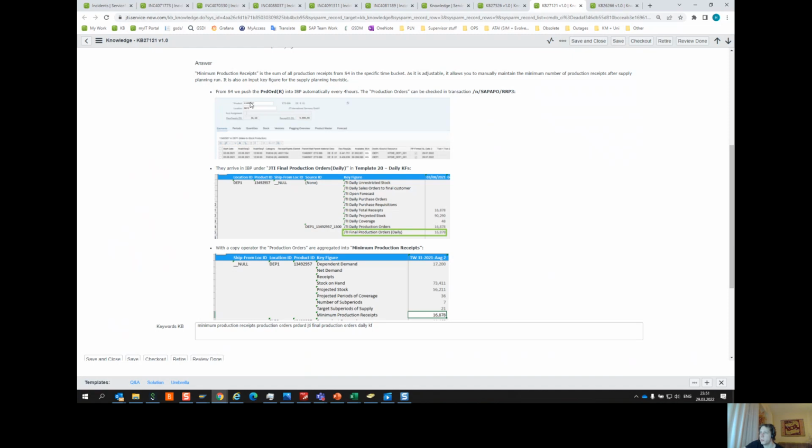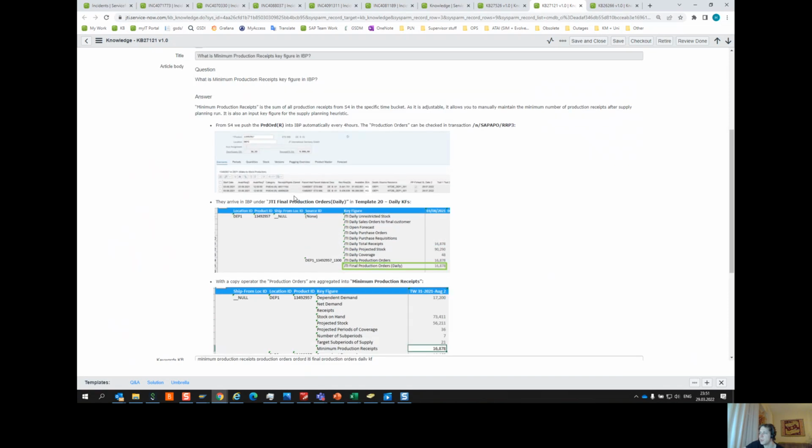From S4, we push the production order, production receipts into IBP every 4 hours. Okay, so again, we're talking about some data which can be initially observed in SAP, and we will get to that point when we check the data in SAP.